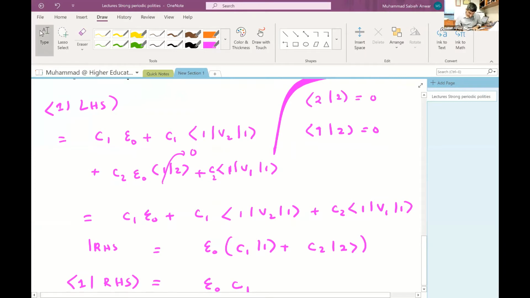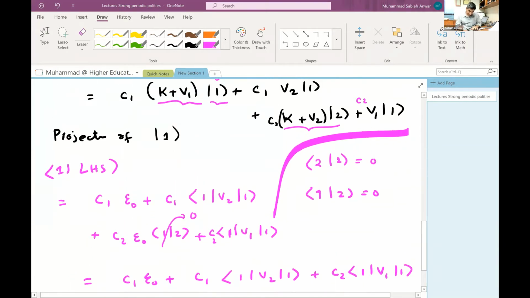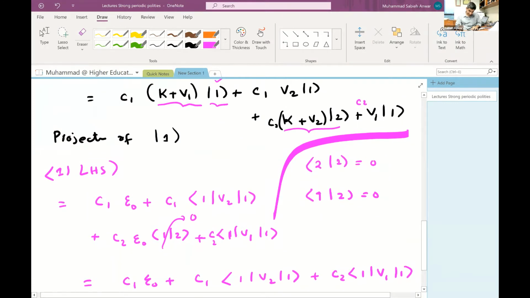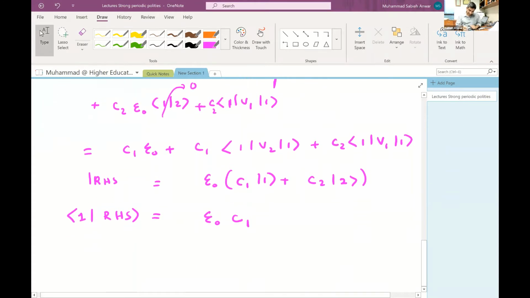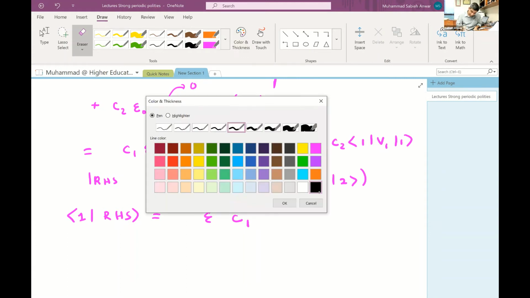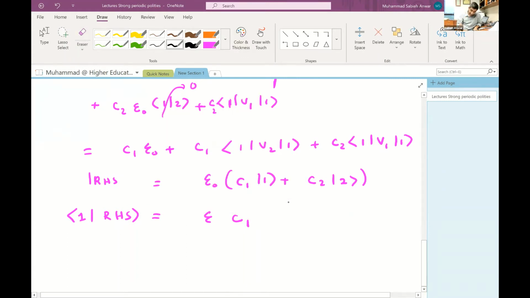By the way, the right hand side doesn't have an epsilon naught, so sorry about that. This is simply epsilon, the total energy that I seek to find. All right, now if I equate the left hand side with the right hand side, the projections on ket1, I am left with C1 epsilon naught plus C1 bra1 V2 ket1 plus C2 bra1 V1 ket1.